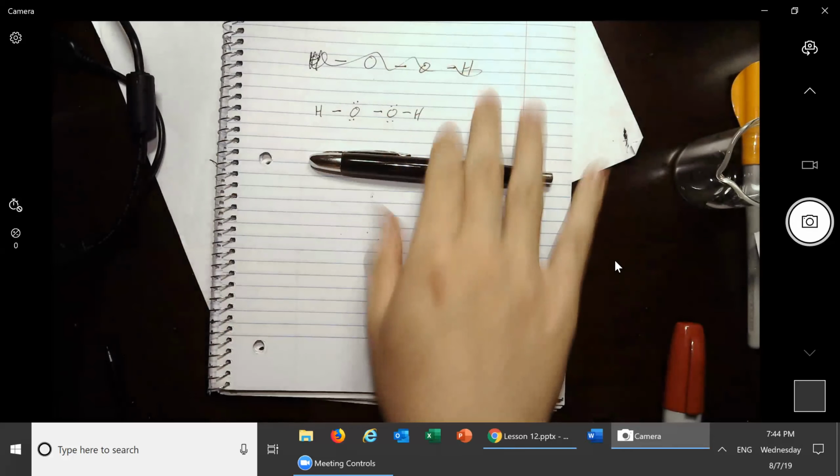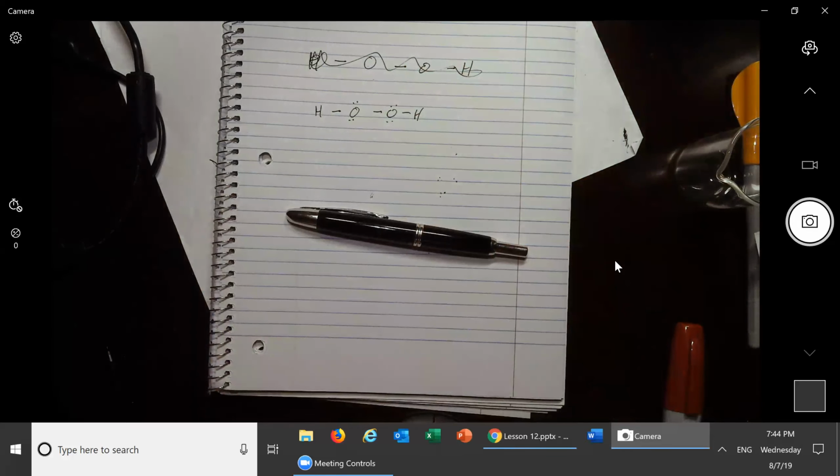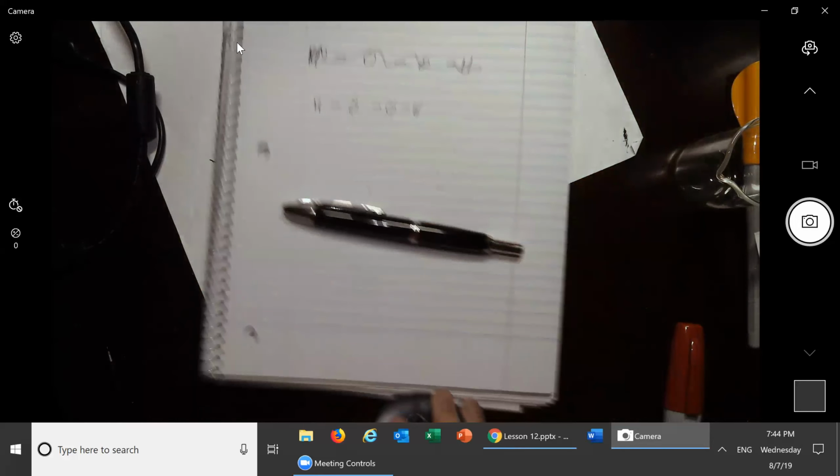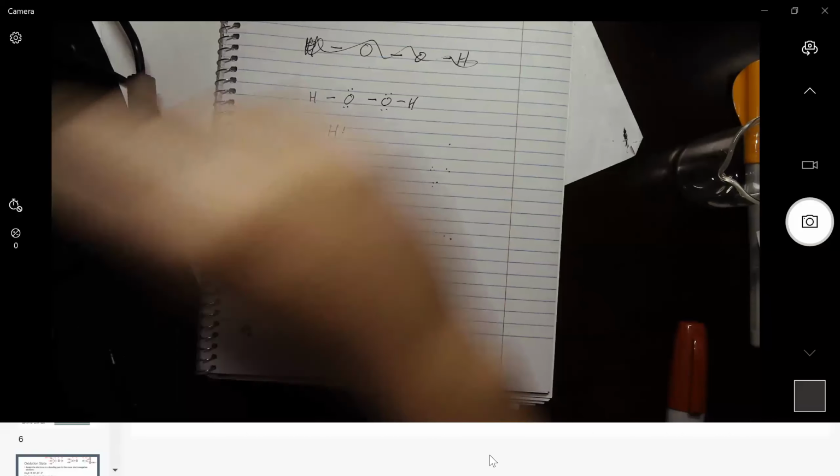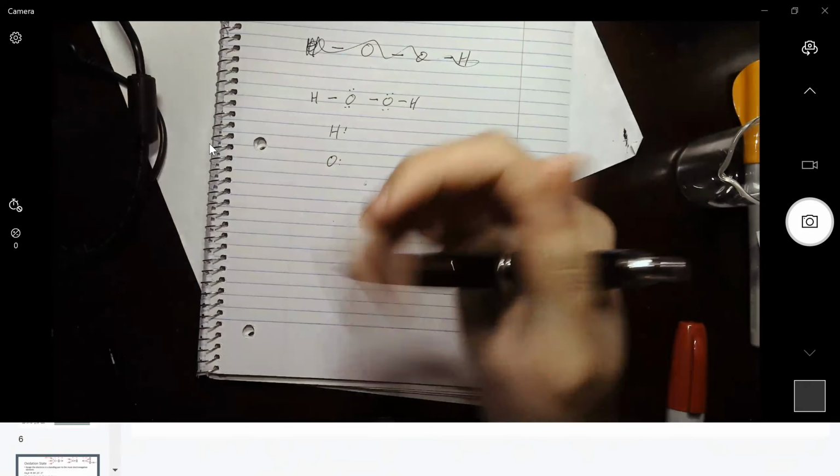So what are the oxidation states? What's the oxidation state of hydrogen? So how about this? Let's just split it up first.